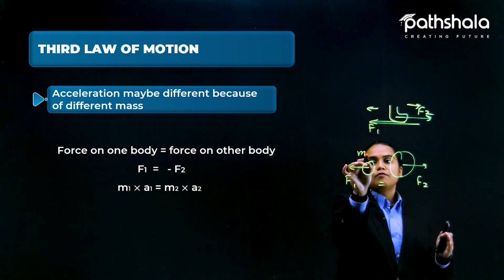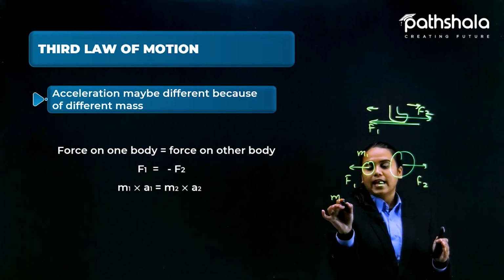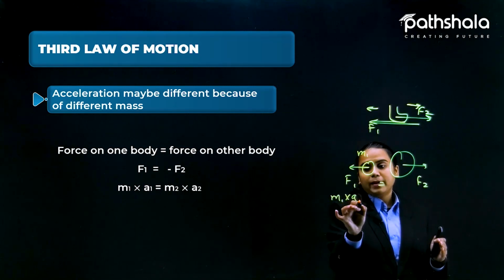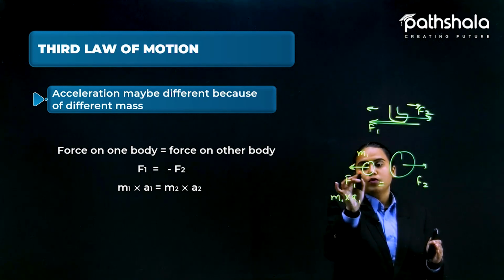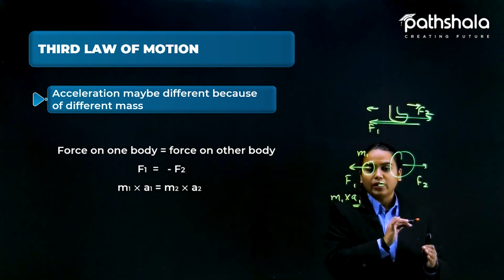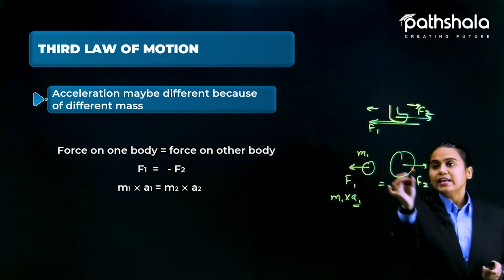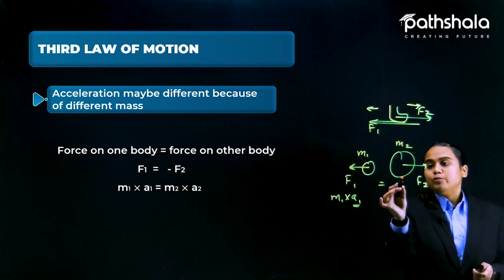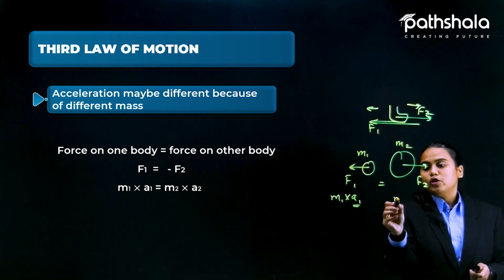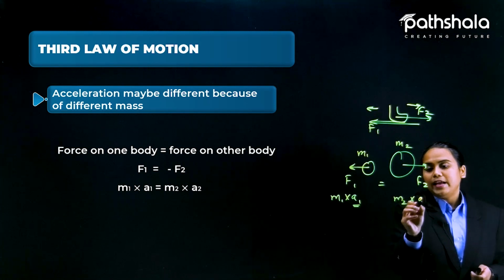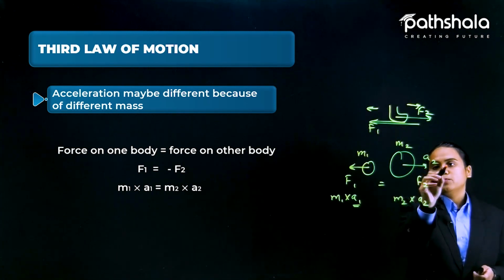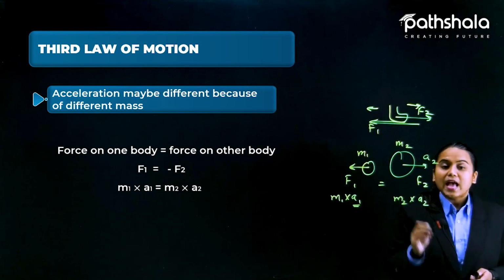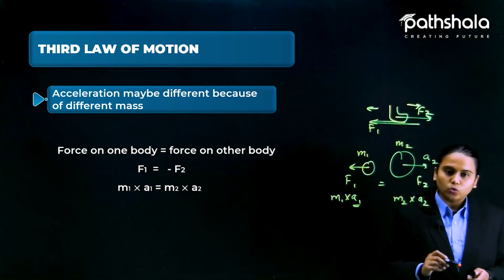Here the mass of this body is M1. So we can say F1 is M1 multiplied by A1, because it is moving with acceleration A1 here. And in this case M2, so F2 would be M2 multiplied by A2. Now this body is moving with the acceleration value of A2. Fine.